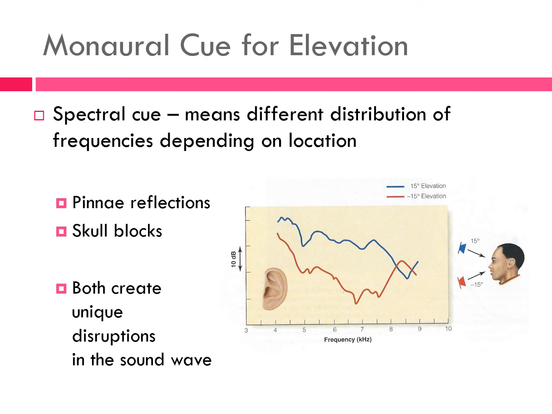And as you can see, 15 degrees elevation above had the spectral cue that's in blue. So those different frequencies had those different amplitudes. And 15 degrees below, when they played the sound there, they had the spectral cue that's shown in red. So those are the amplitudes for the different frequencies.